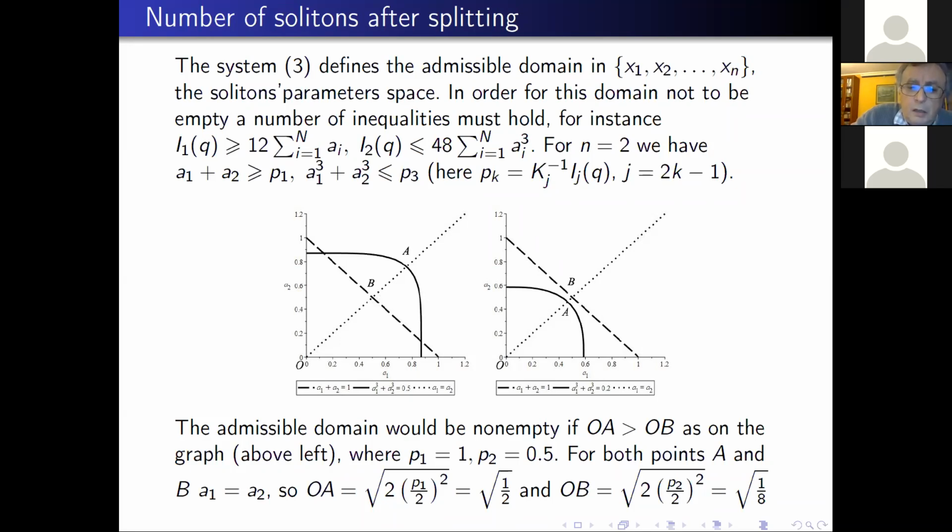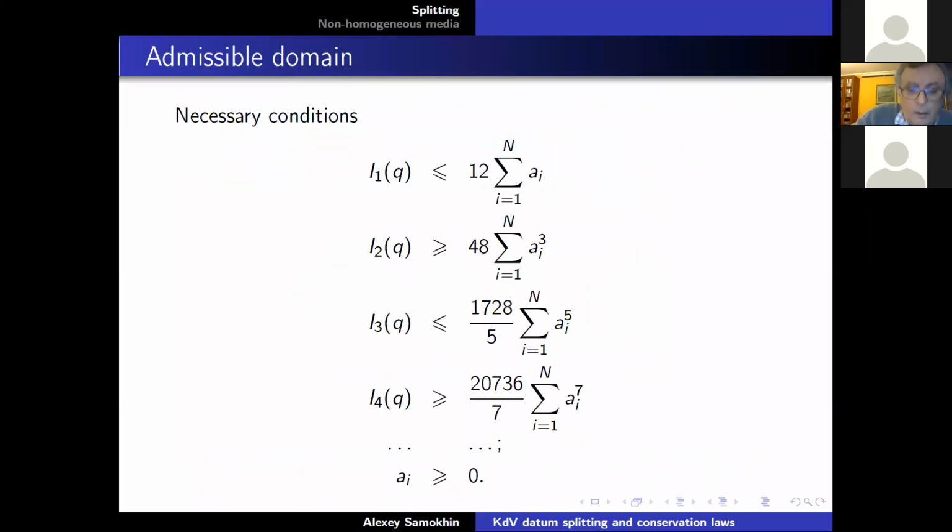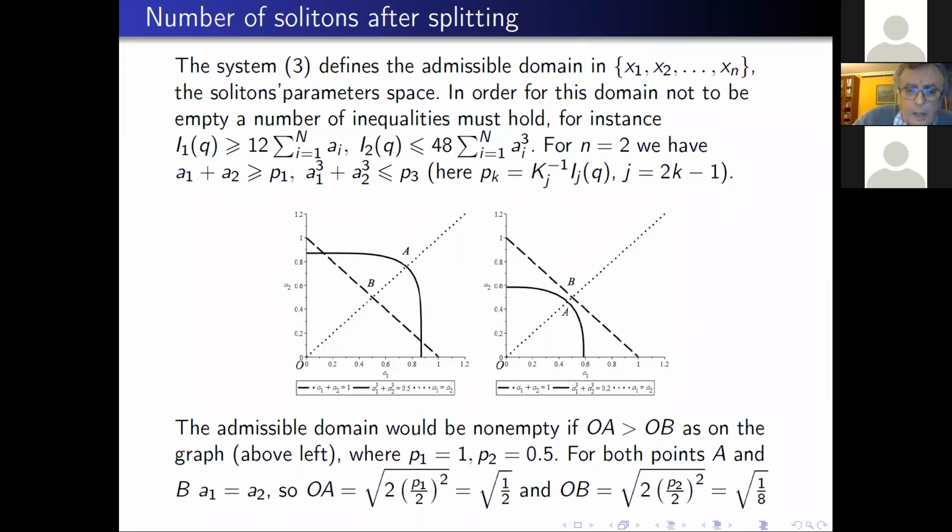But the number of solitons may be easily obtained. After all, these two inequalities must be satisfied, and they will be satisfied for some n. And this will be shown here.